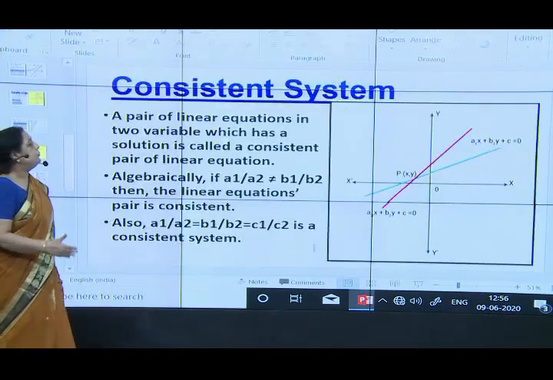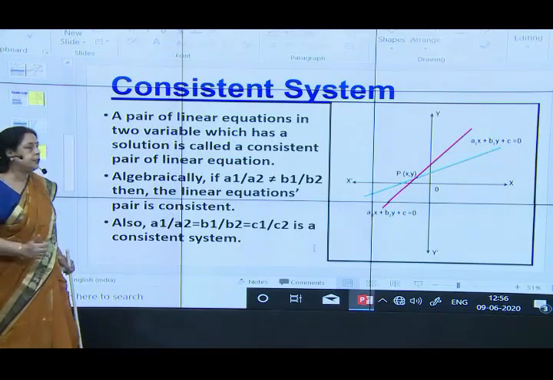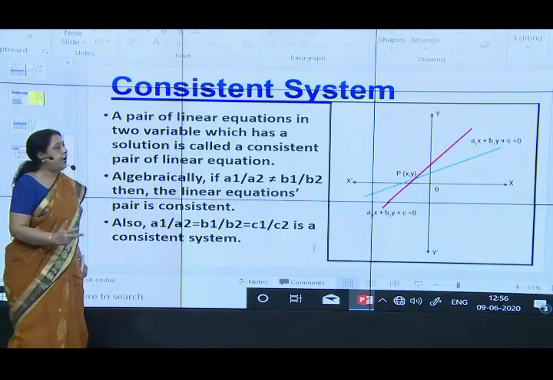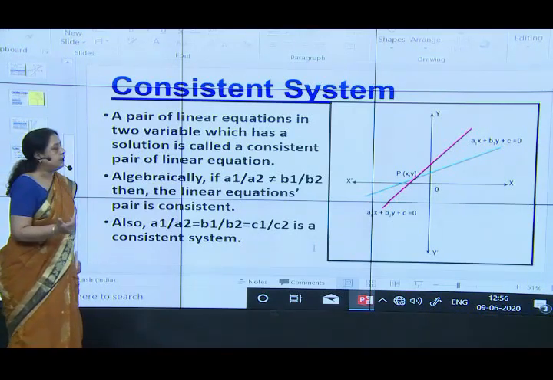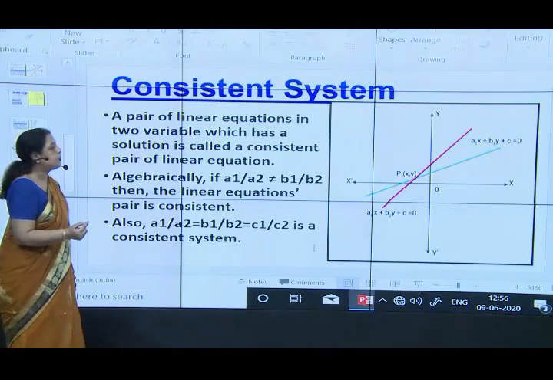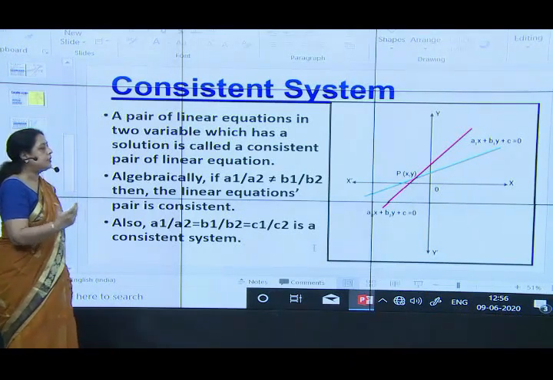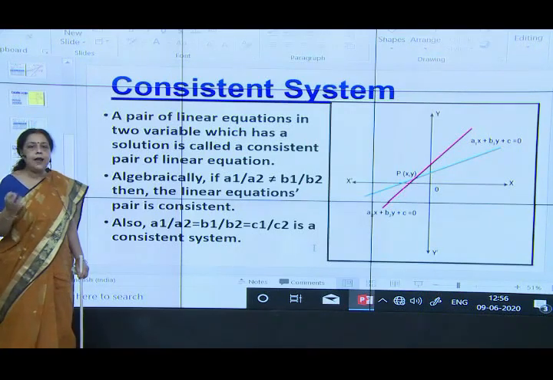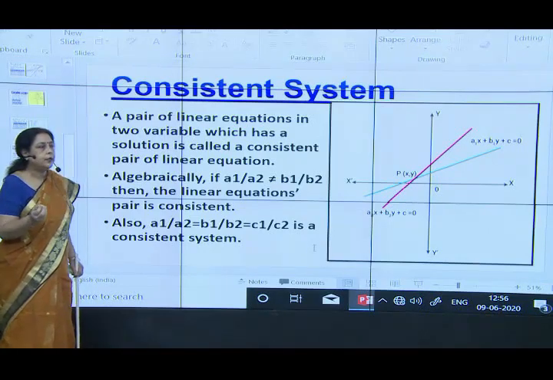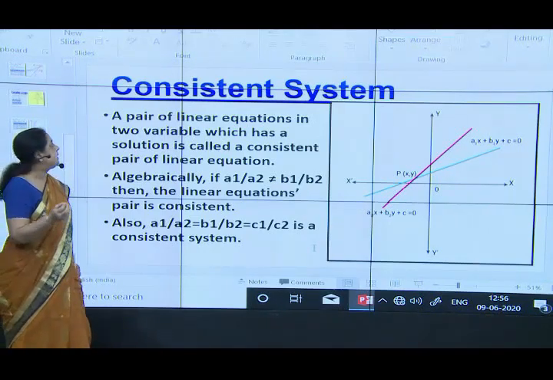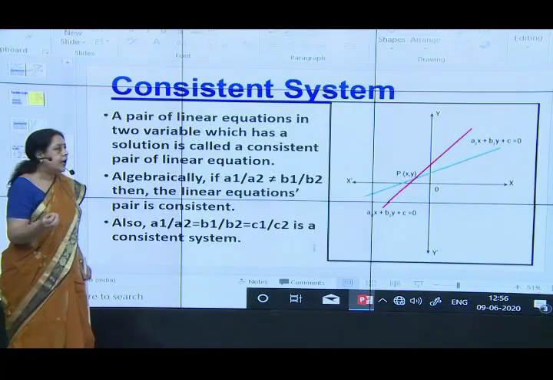Now come to the consistent system of equations. If a pair of equations has a solution, that means in case of intersecting lines and in case of coincident lines, we get the solution, and in those cases the equations are consistent.